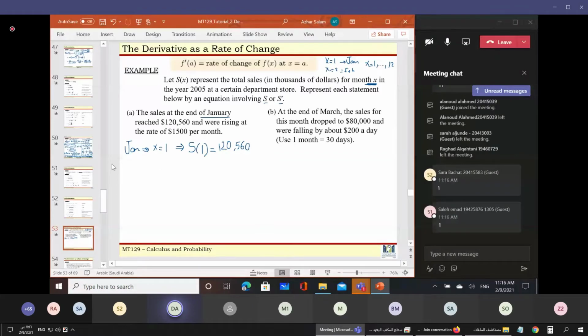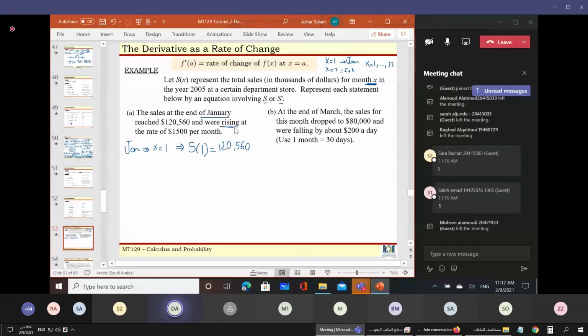Okay, and we complete, and we're rising, it's rising, so there is a rate of change. When it's rising or dropping, there is a rate of change at a rate of 1,500 per month. So per month, which is January, the rate of change is immediately the derivative of S. Okay, and we're talking about January, so it will be S dash of 1.